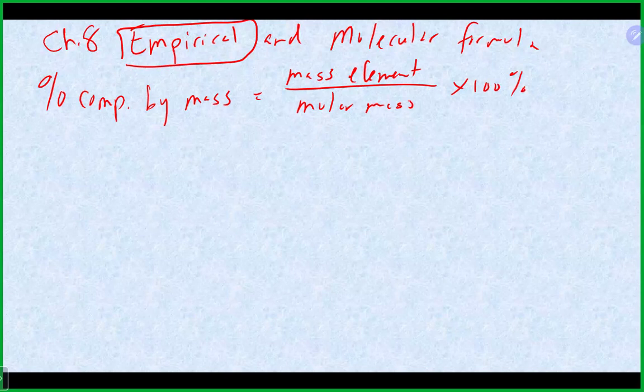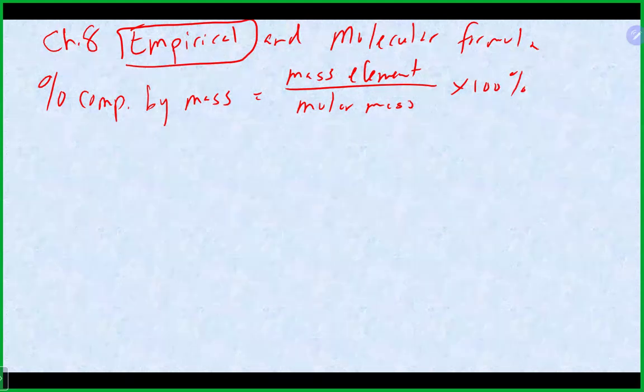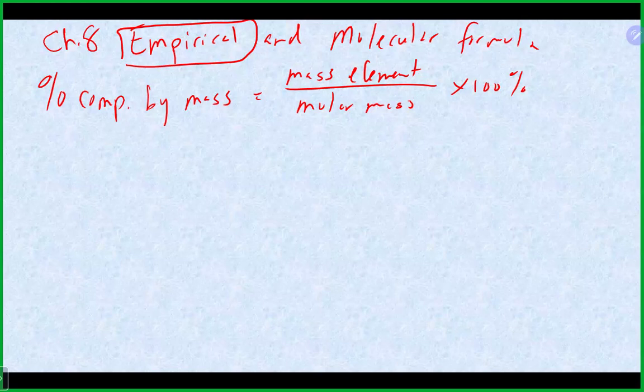So again, we can figure out the percentage by mass of each element in a particular formula by figuring out how much of each element's present and dividing by the molar mass of the entire compound and times it by 100. Now, that's usually a lot of times a starting point in an empirical formula problem.